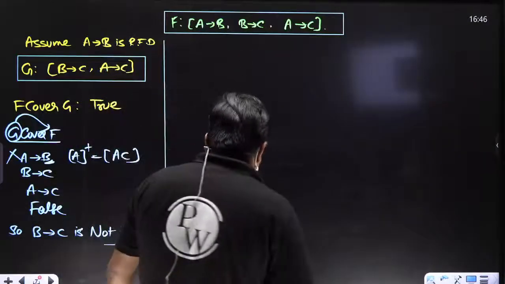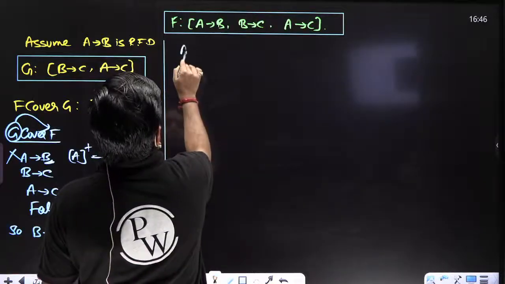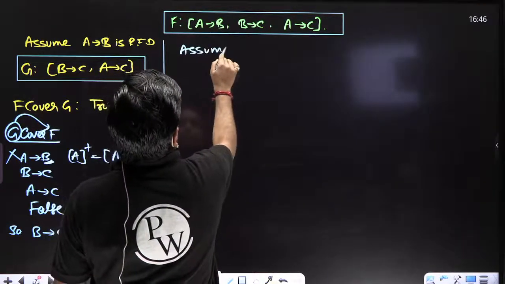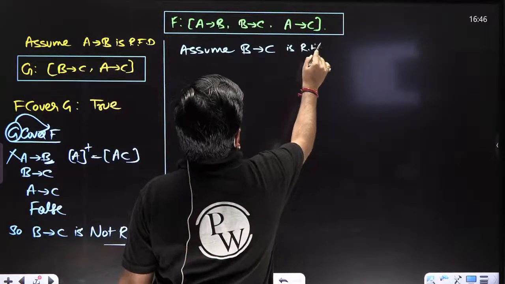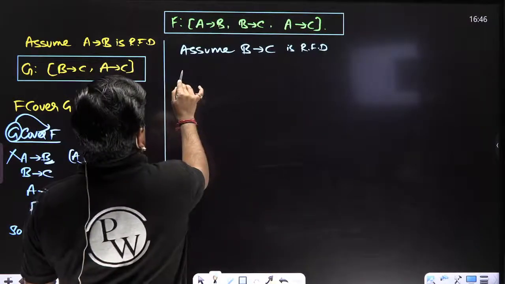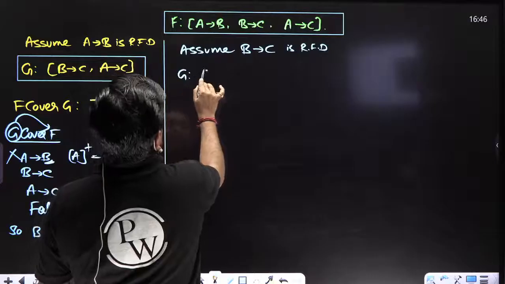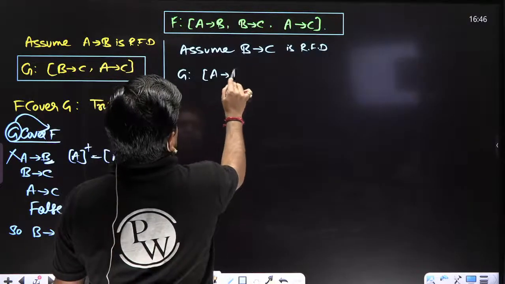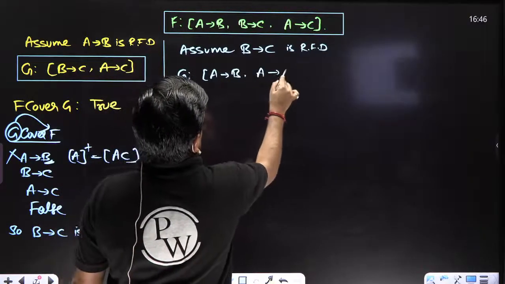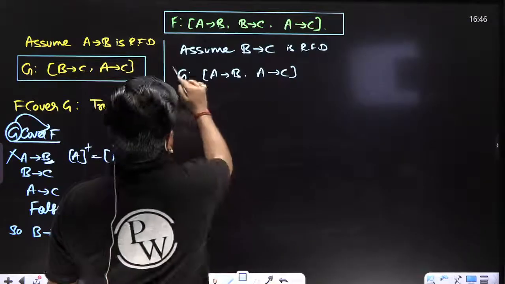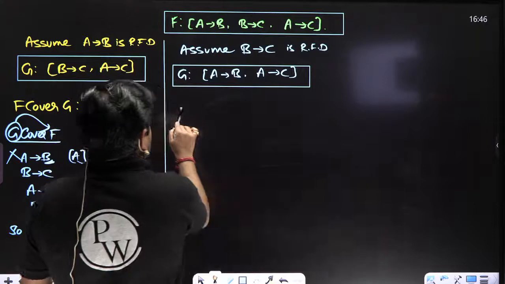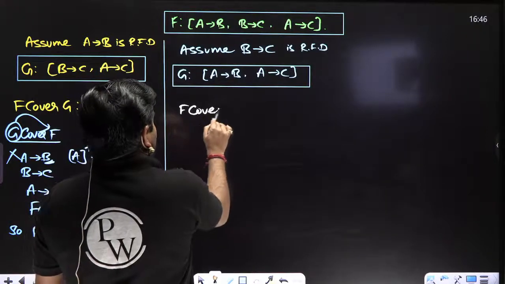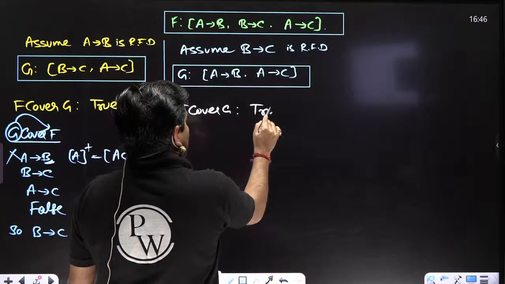Like here you can see, I am assuming B tends to C is a redundant FD. Then what is the G FD set? G FD set is A to B and A to C. Now, first F covers G, that is true.